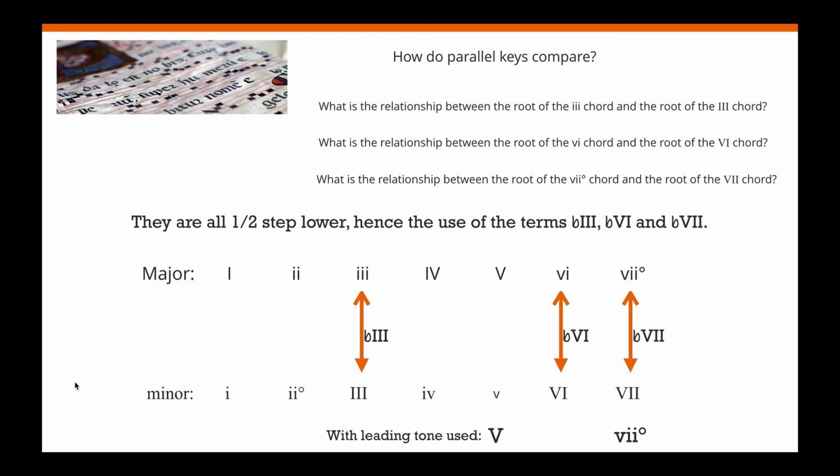Keep in mind that we looked at comparing A major to A minor as parallel keys. So things will change when you're looking at the played examples that you're about to see. If I'm in C major, there are no sharps or flats. Remember, the parallel minor to C major is C minor. C minor is not related to C major at all. It simply starts on the same note.